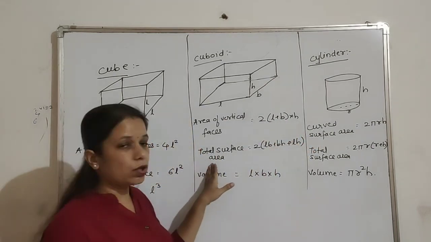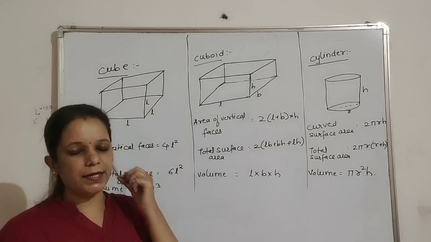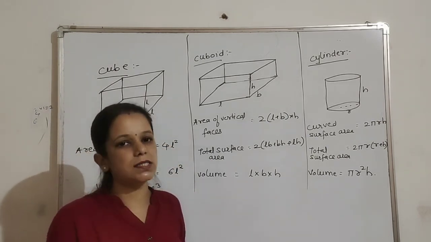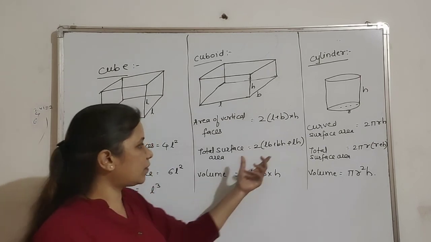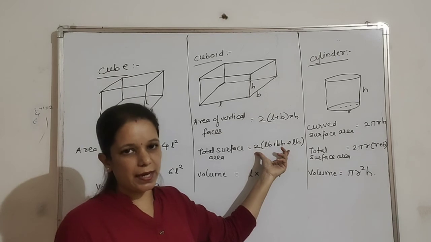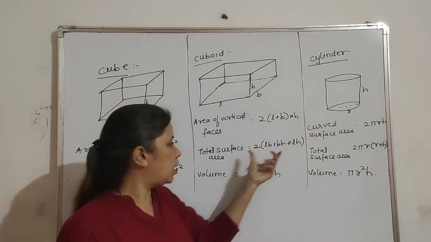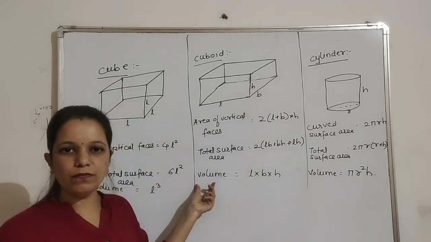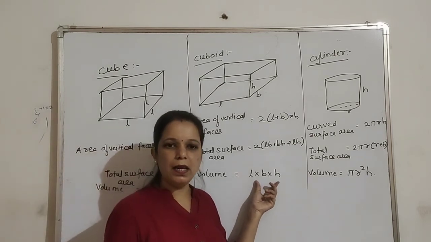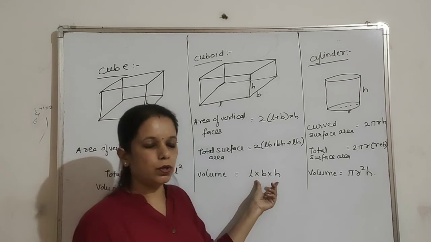Then total surface area, when we are calculating total surface area, we have to calculate the area of all the 6 faces. So total surface area is given by the formula 2(lb plus bh plus lh). And volume of the cuboid is given by the formula l into b into h.